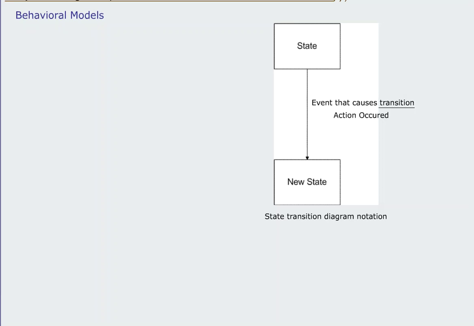To understand the use of state transition diagram, consider software embedded within an office photocopying machine. The photocopier performs a number of functions.